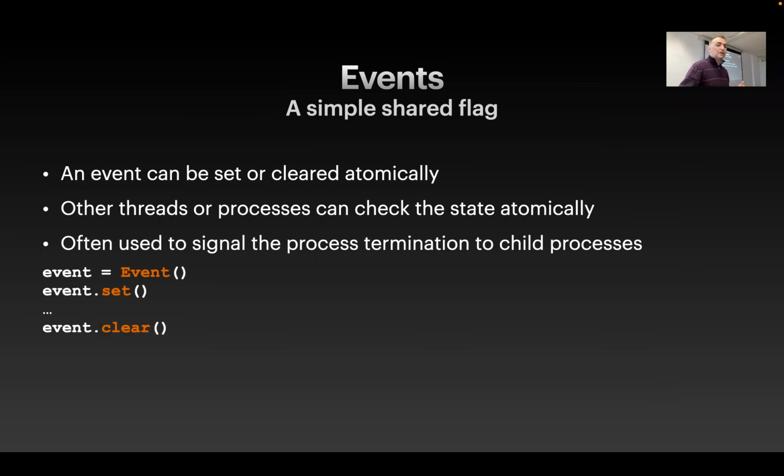So what you do in your worker is basically you have a loop where you have while the event is set, and there you do your job. So every time that you are back at the beginning of the loop, you check if the event is still set, and you keep going. And when the main thread or process clears the event, you stop processing. So that's a typical thing that you will see in many multiprocessing situations.